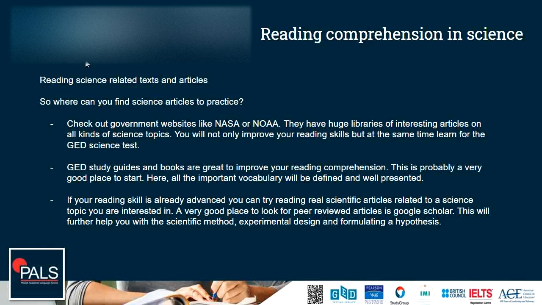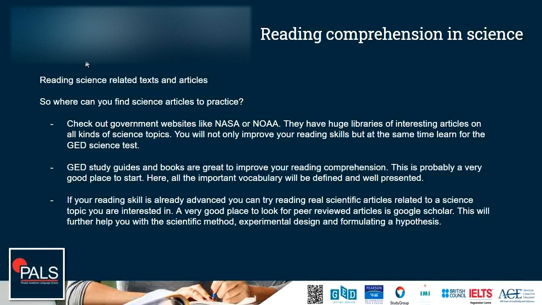If your reading skill is already advanced, one thing I can advise you to do is try to read real scientific articles, peer-reviewed articles, related to any science topic that is interesting for you. You have to probably try to find something that's not behind a paywall.